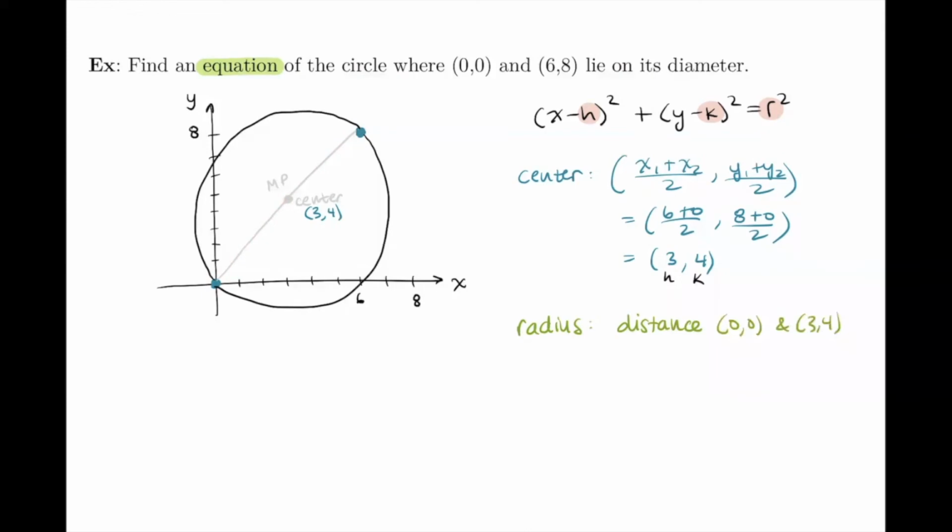You could use the distance formula, but if you just take a look at this here, it's conveniently located at 0, 0. So let's just use the Pythagorean theorem because we have a nice right triangle here already. The one leg here is 3 and the other leg here is 4.